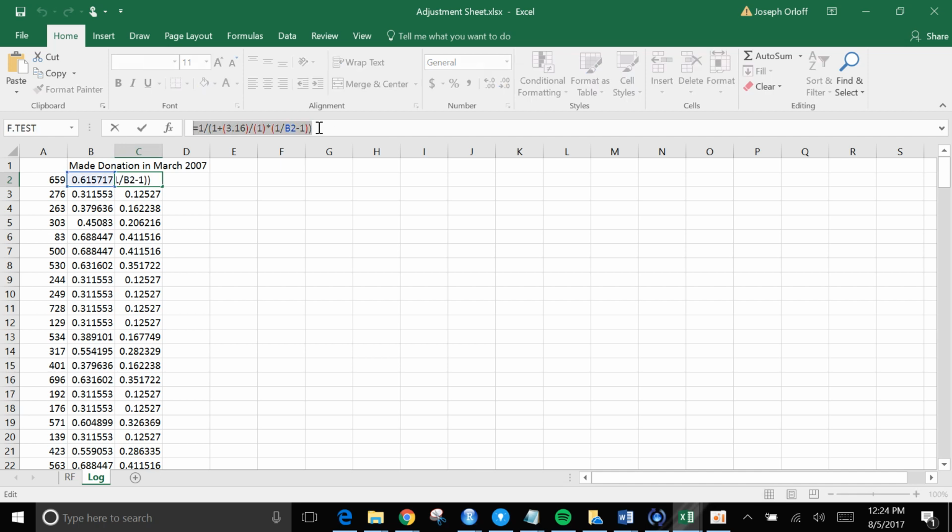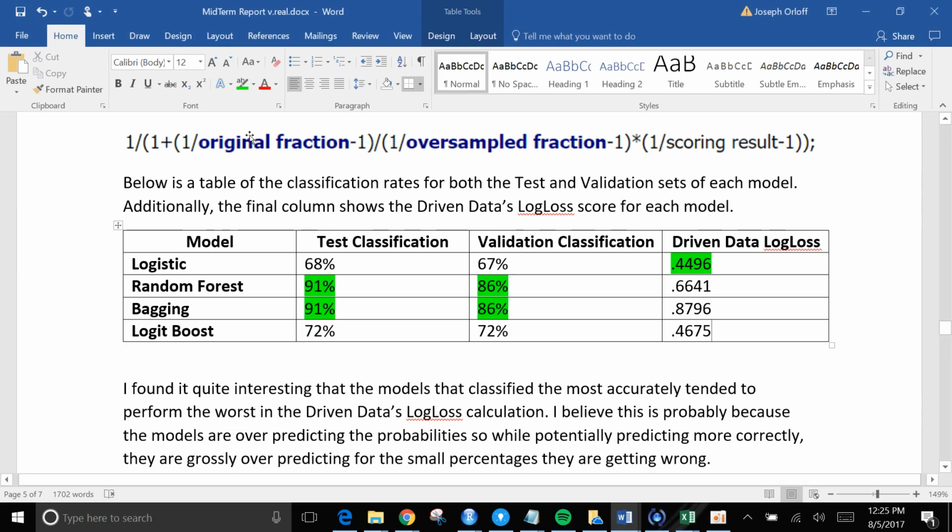It is one plus, and then this is actually supposed to be one minus, the, I can go back, 1 plus 1 divided by the original fraction minus 1 of that being a 1, so that's 0.24%, divided by 1 divided by the oversampled fraction, so that's 50%, minus 1.